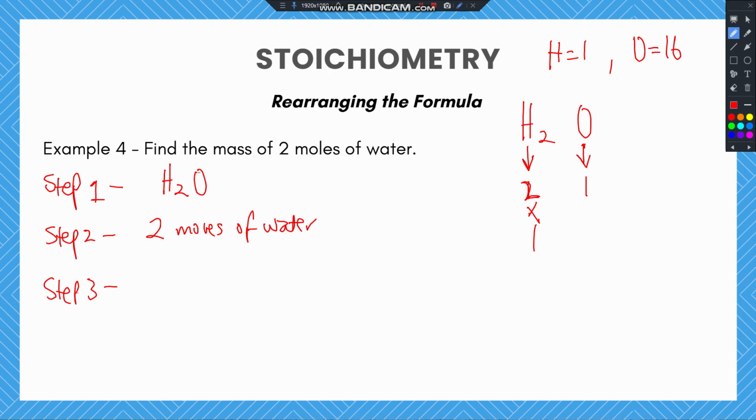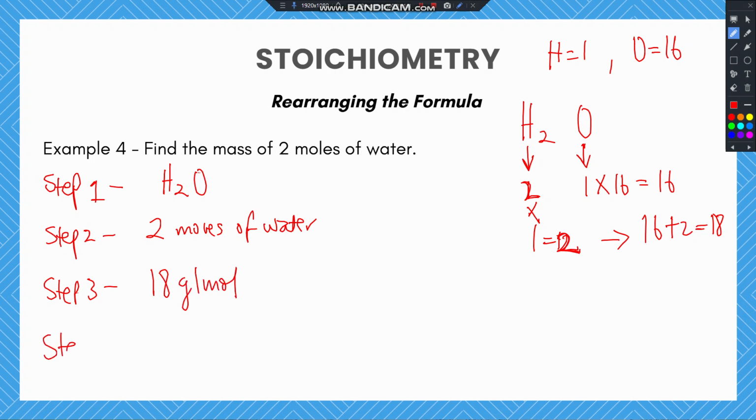So we have 2 times 1, which gives us 2. And for oxygen, we have 1 times 16, which gives us 16. Altogether, we have 16 plus 2, which gives us 18. So the molecular mass of water is 18 grams per mole.